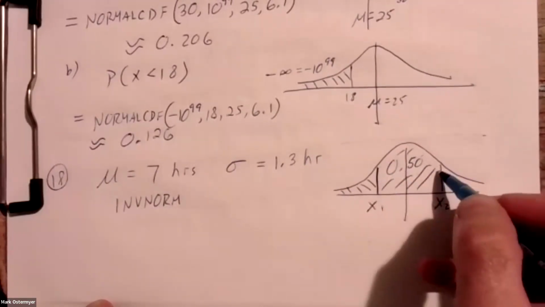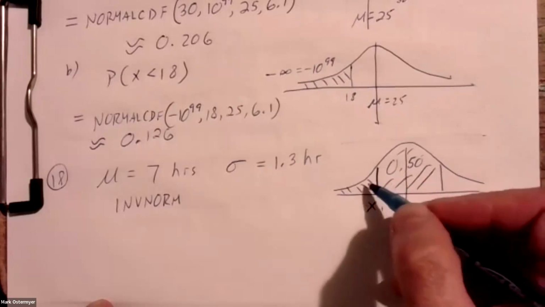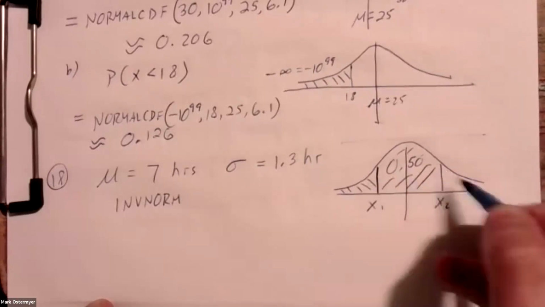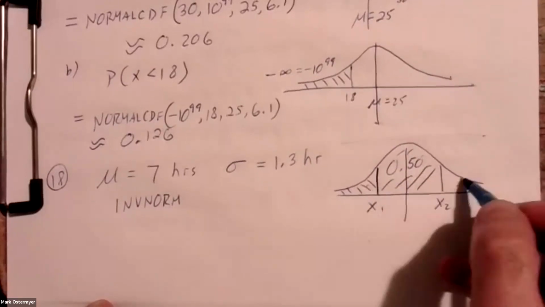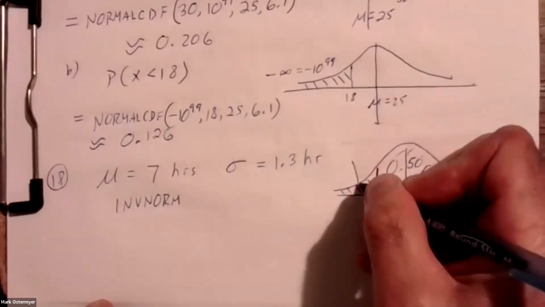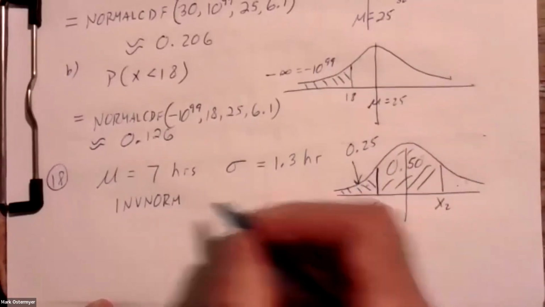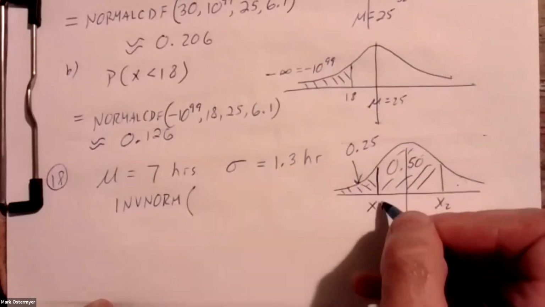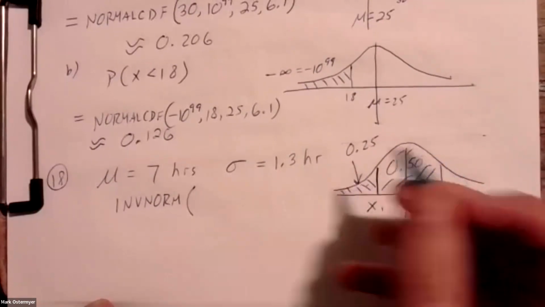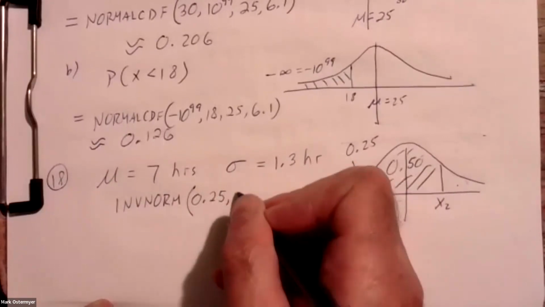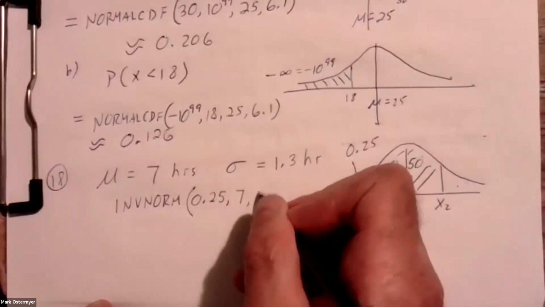So 100 minus 50% would leave me with 50% allocated equally to the lower and the upper tail. So 50% divided by 2 would leave 25% of the area in the lower tail. So inverse norm, the area to the left of this x value we wish to find is 0.25. The mean is 7 and the standard deviation is 1.3.